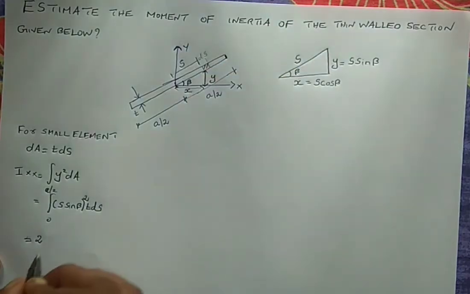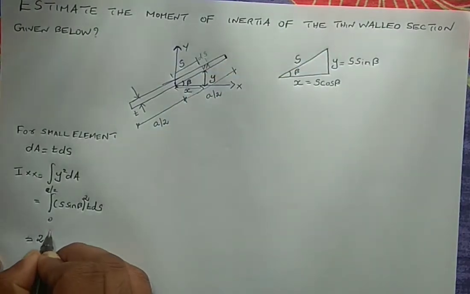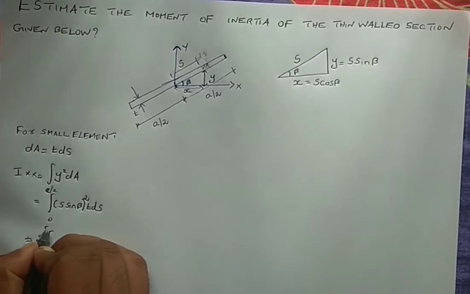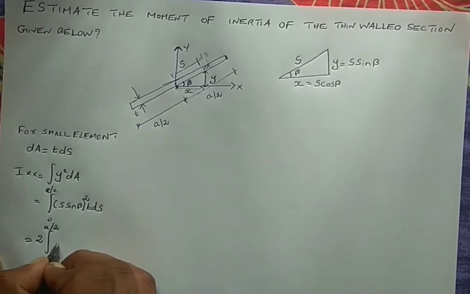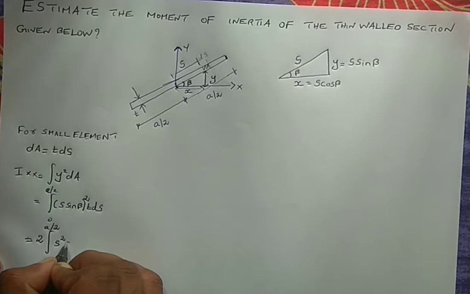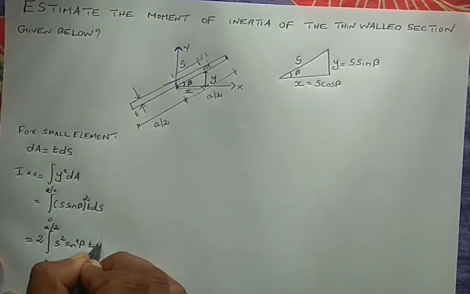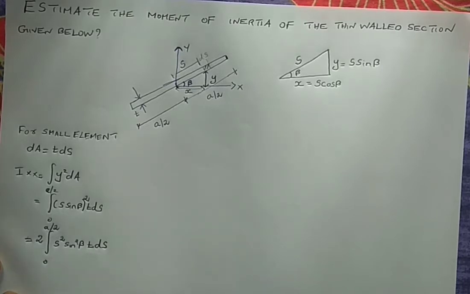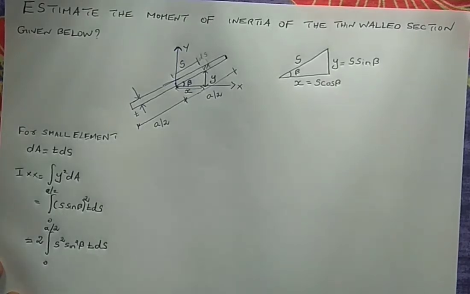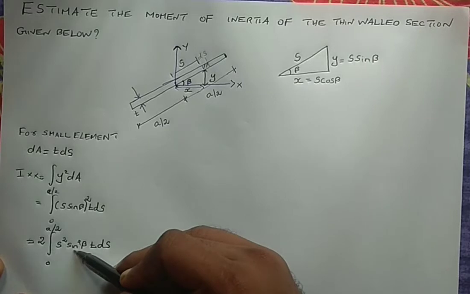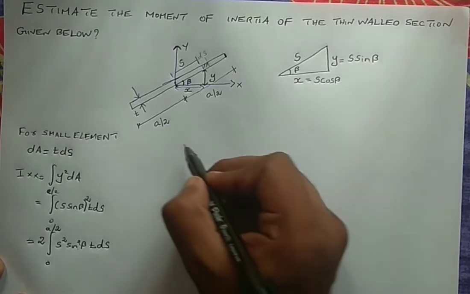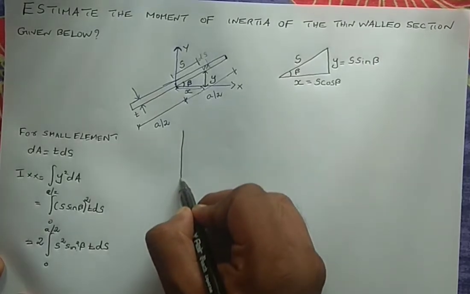So it will be 2 into the integral from 0 to a by 2 of s square sine square beta T ds, and you can see that sine square beta T can be taken out.